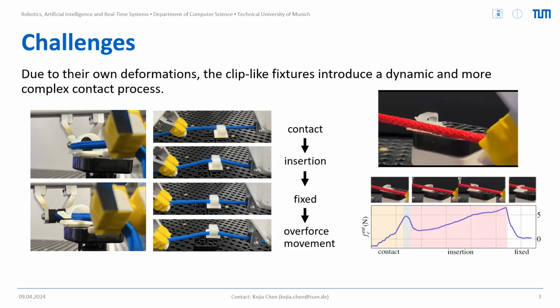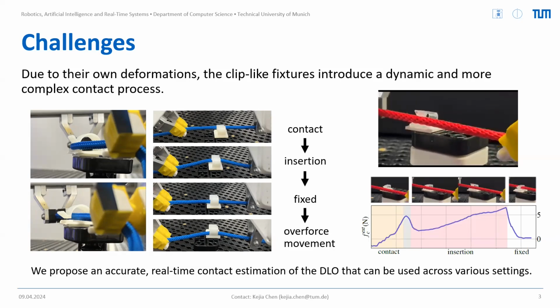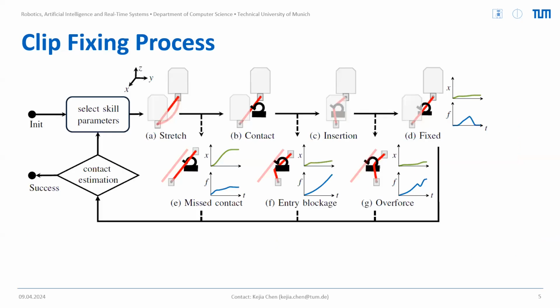This has motivated us to propose an accurate real-time contact estimation of the DLO that can be used across various settings. We start with the formulation of the clip fixing process as a sequence of manipulation primitives. Each primitive consists of a feed-forward force controlled under an adaptive impedance controller. Initially, both robots grasp each end of a DLO segment. As the robots stretch in opposite directions, the DLO is also stretched until it becomes tense.